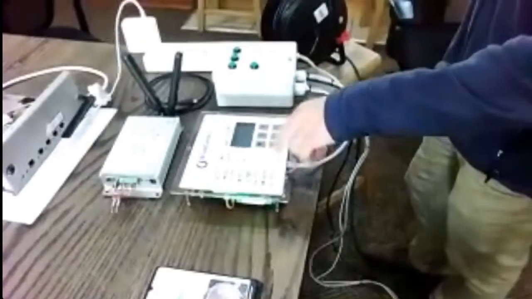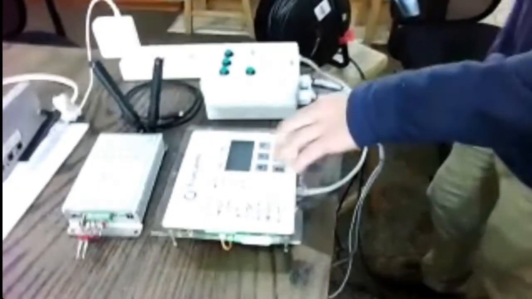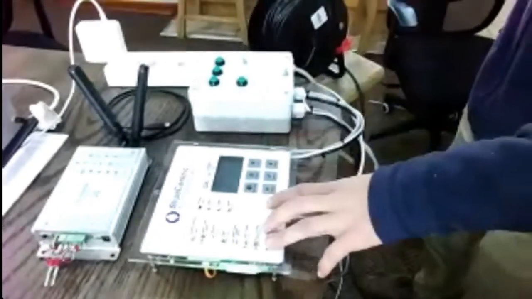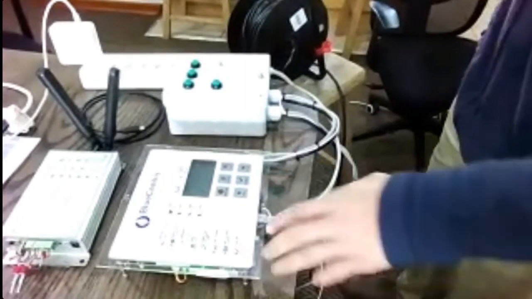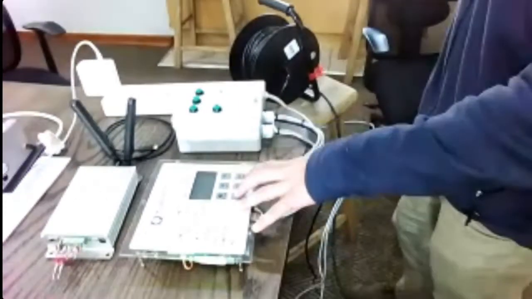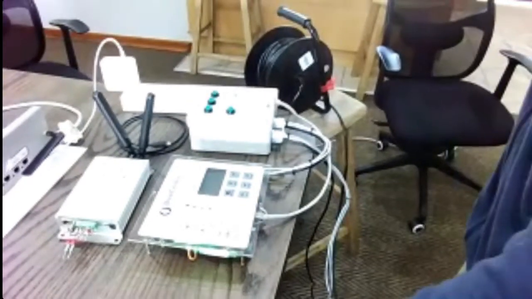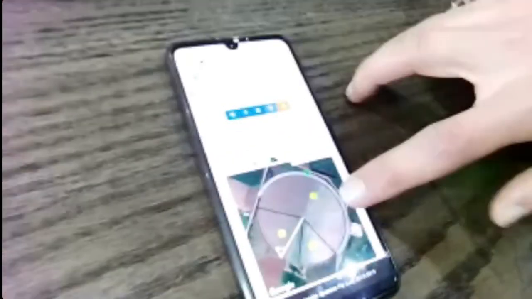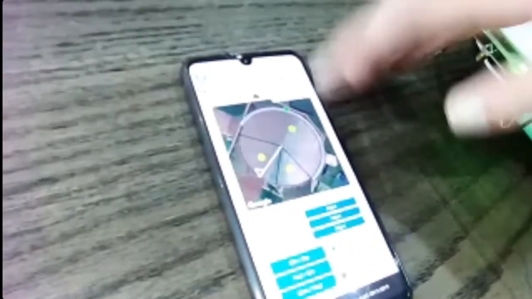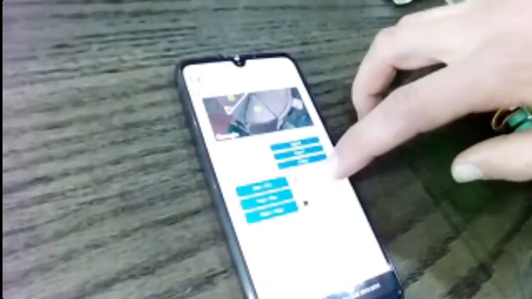This sits in the panel, and you can start and stop the pivot as a normal pivot would at the board, but this is also connected and sends data through the cloud to a remote server, which you can access on a website or on your phone. This is an example of how that would look. From here, you can see all the statuses and settings and everything that the pivot is currently on. And you can also manage and control the pivot board remotely.